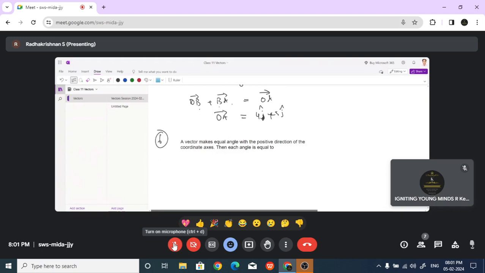No. See, we just now saw, a couple of problems earlier, right? So suppose the three angles are theta 1, theta 2, theta 3, then the cos of those angles are your L, M, N. What is the property of L, M, and N?